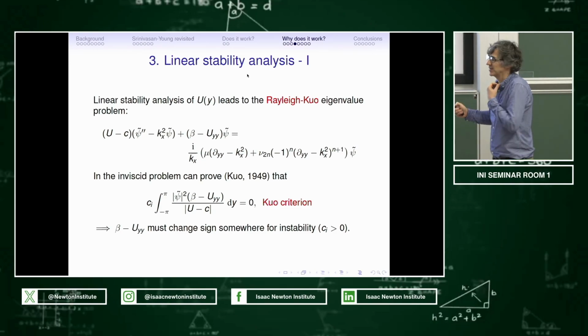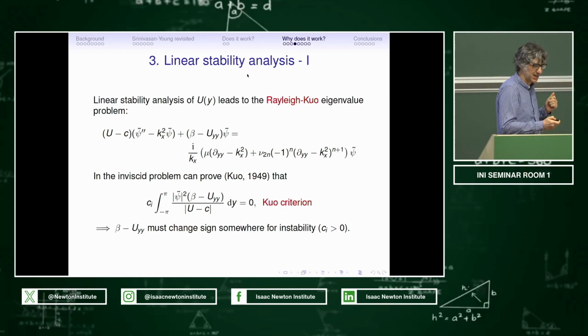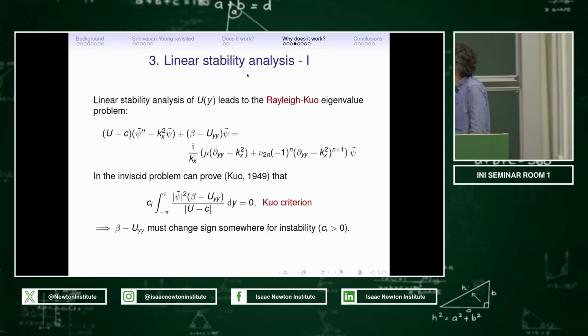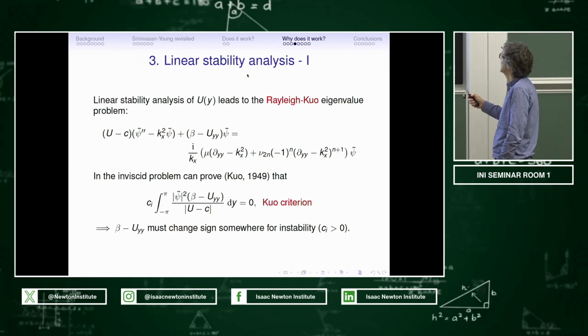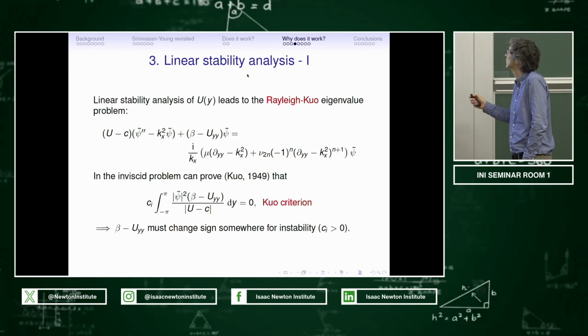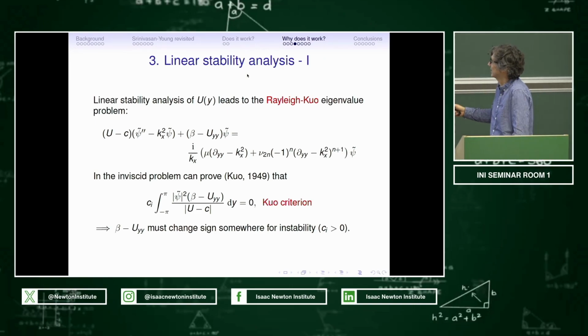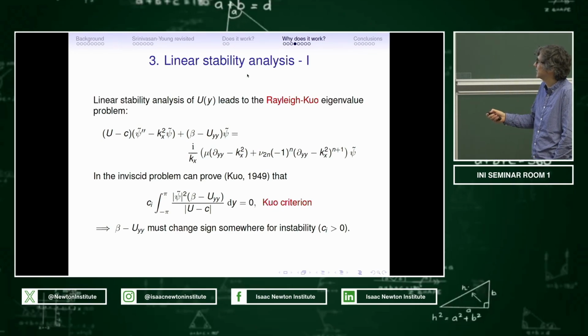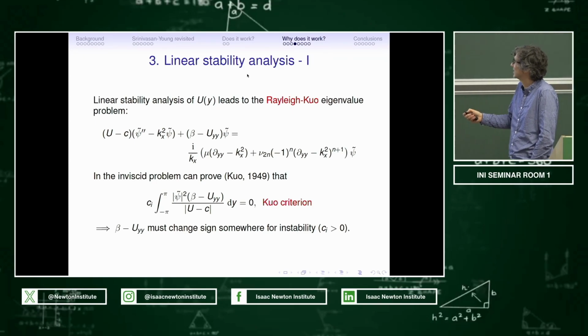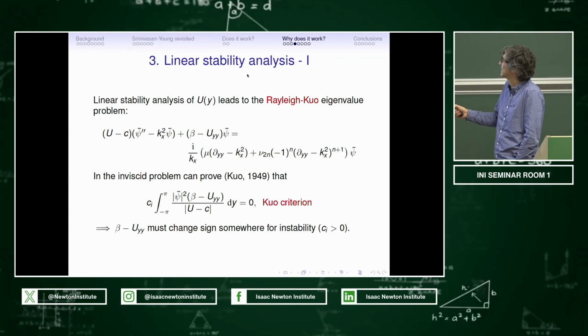If we want to understand secondary instability, we should do some linear stability analysis. If you've got a parallel flow in this setting, this was studied back in the 40s by Kuo, and the original theory for parallel flows was started by Lord Rayleigh in the 19th century. You end up with an eigenvalue problem for the phase speed of potentially unstable waves, known as the Rayleigh-Kuo eigenvalue problem.